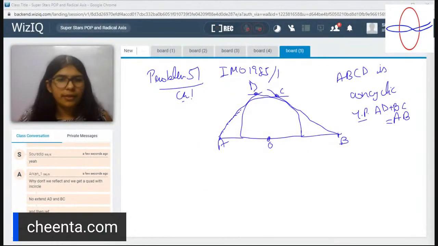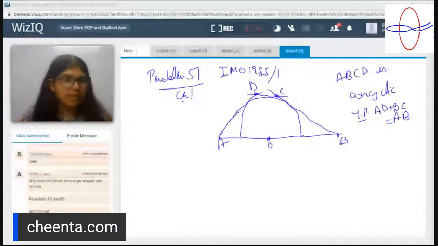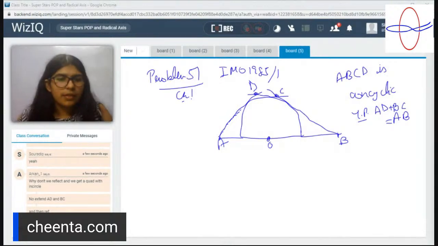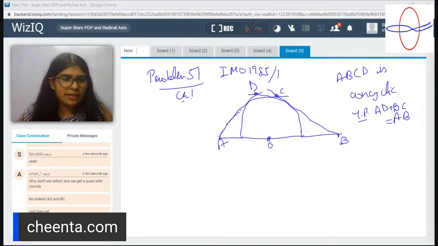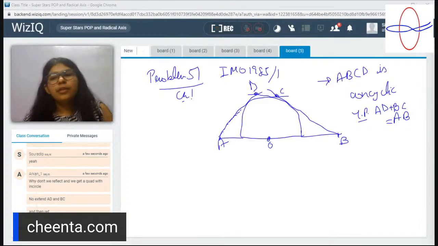And we don't want that randomness for D and C. We want something specific. In such cases, you don't want to make the points more random. Making the circle more random works. Given that ABCD is consecutive, you have AD, BC, and AB.